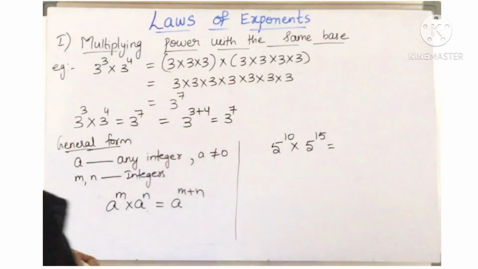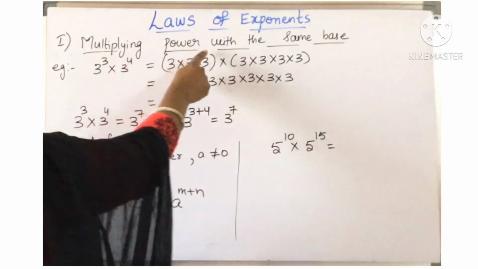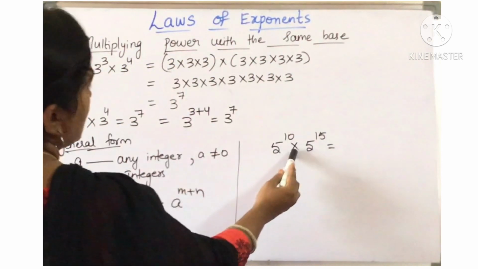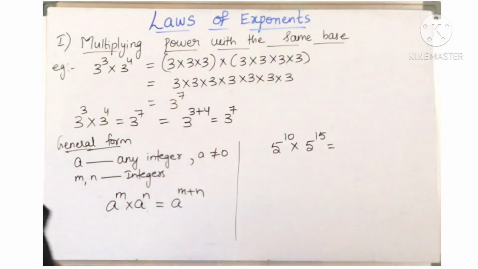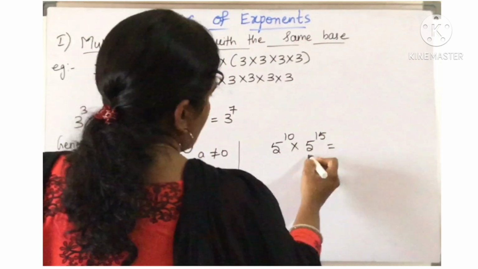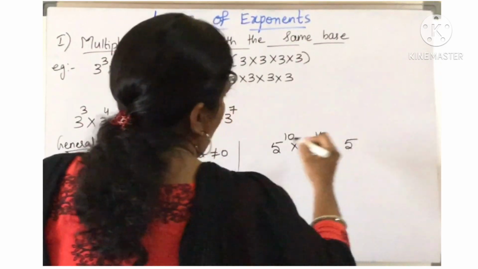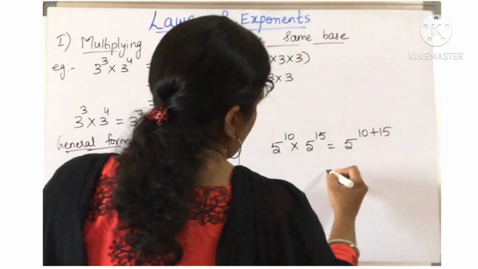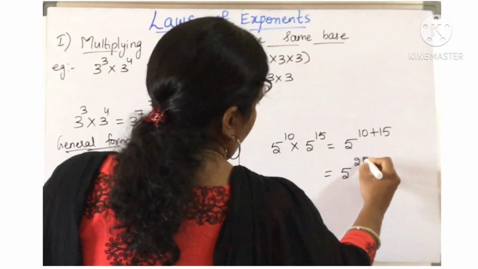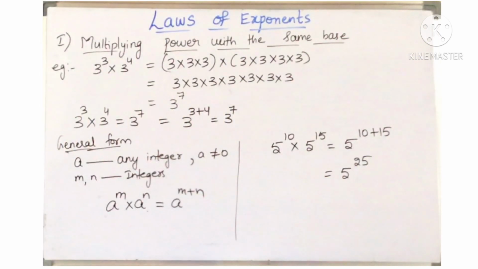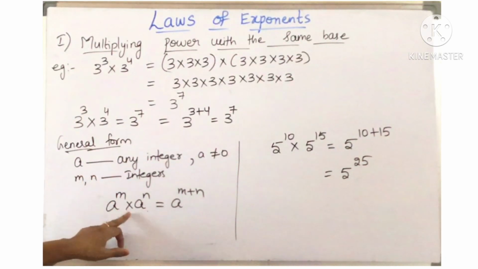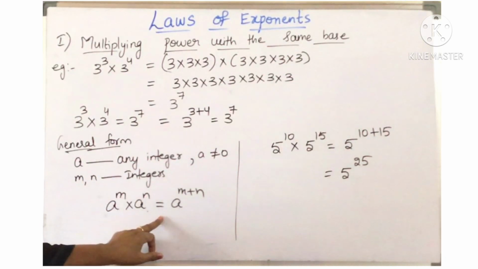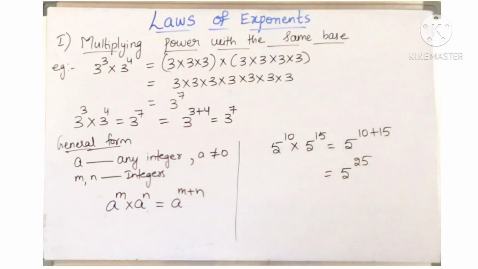Here multiplication is being done with the same base. When the bases are the same and there is multiplication, just add the powers: 10 plus 15. So what is the answer, children? 5 to the power of 25. So this is the first law: a to the power of m into a to the power of n equal to a to the power of m plus n.